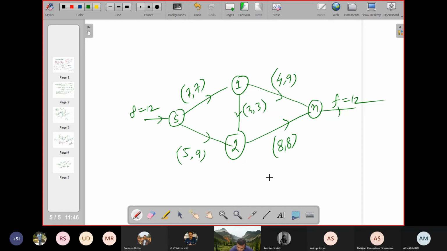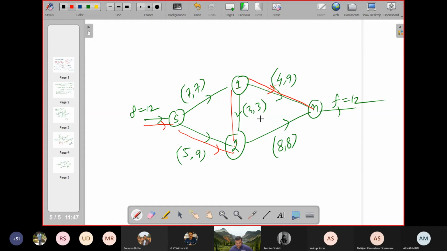What I mean, if you consider this path as an augmenting path now, this one and this one, right? Here you see these three arcs are all forward arcs, but what about this 2 to 1? I can see 1 to 2 there is an arc, I mean there is a flow. This is a directed arc. So 1 to 2 is a directed arc, and through it I have already assigned 3 units of flow.